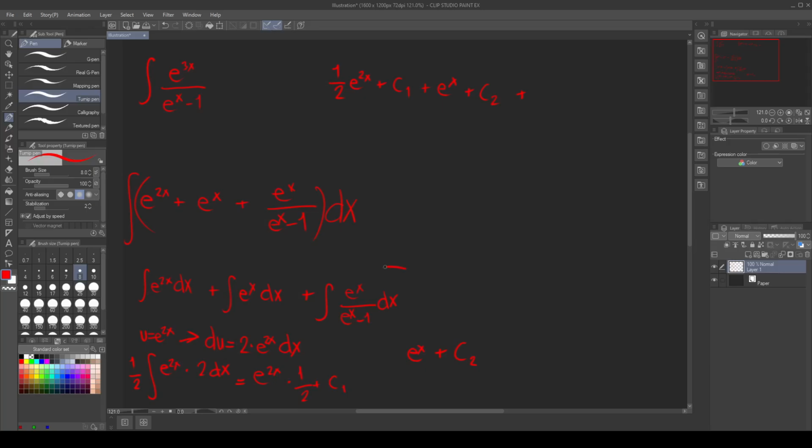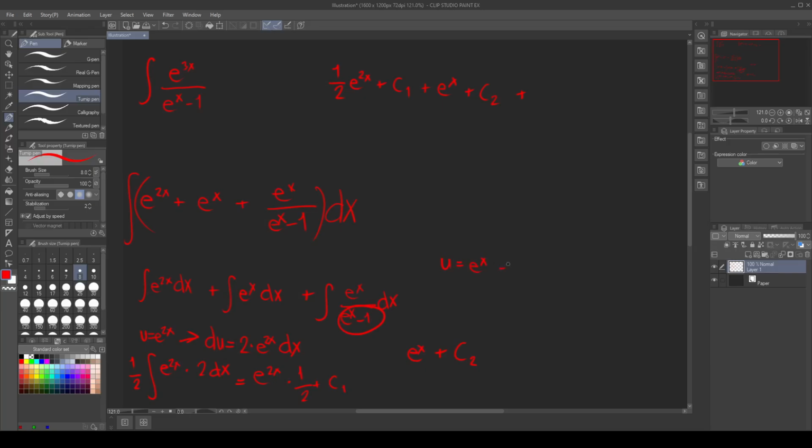All that's left now is this. Now we're going to do u substitution again. If you remember from the first part of this video, we tried doing u substitution first on this, and it almost worked except the power was just different. But now it's going to work because it's going to be the same du that we solved for. So let u be e to the x minus 1.